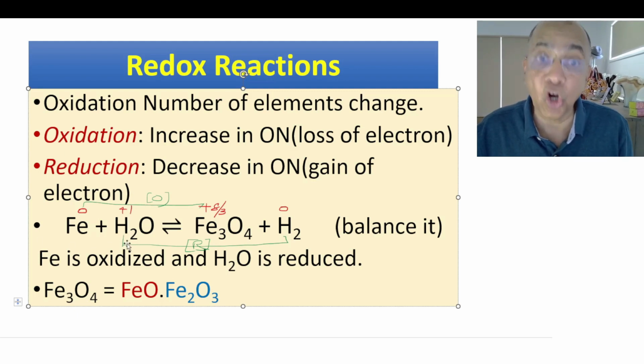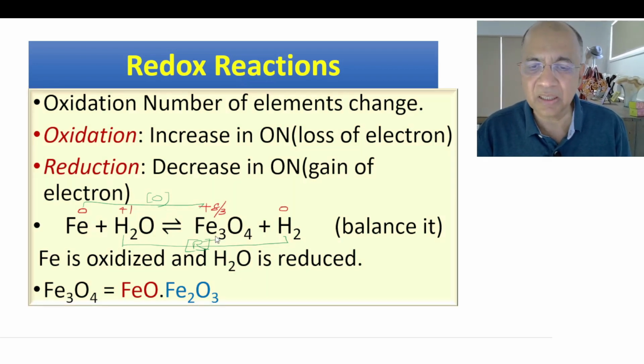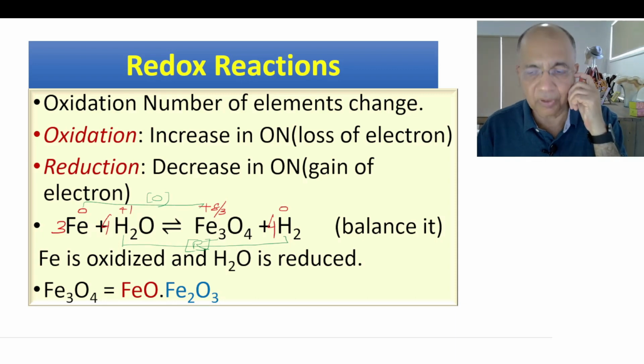That means very hot iron and superheated steam. Then only the reaction will occur. We can very easily balance it by hit and trial method. It is 3 iron, so we multiply here by 3, and 4 oxygen, so by 4. There are 4 hydrogen molecules, then 4. So this is a very simple balance by hit and trial.